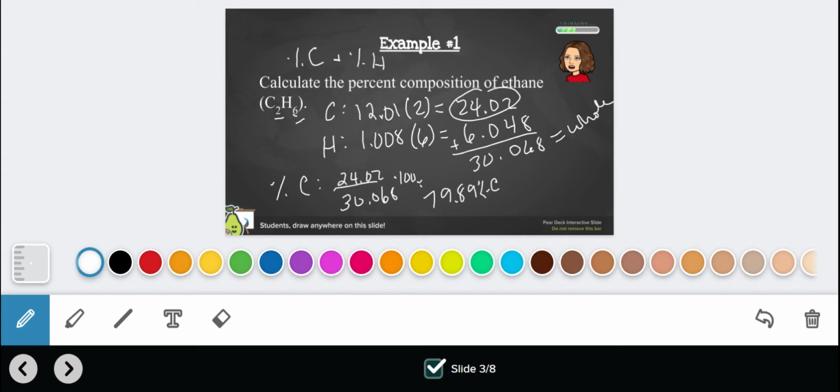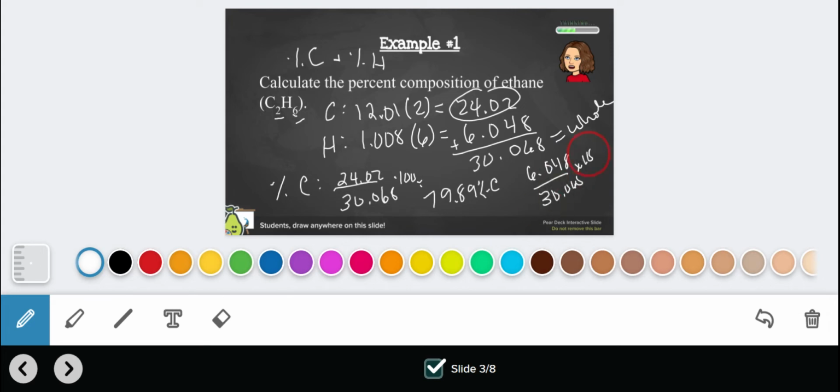Whenever it says just find the percent composition, we need the percent of each element. So carbon and the percent of hydrogen. There's 2 ways you can do the percent of hydrogen. You can, of course, just subtract your percent of carbon from 100, because all percentages should add to 100. And then you can also set it up like we did the carbon, where we put the total mass of the hydrogen over the whole. So we're going to do that, total mass of hydrogen over the mass of the whole compound.